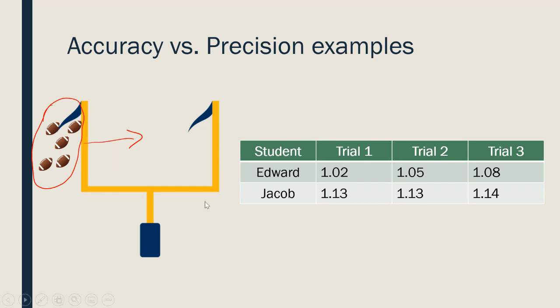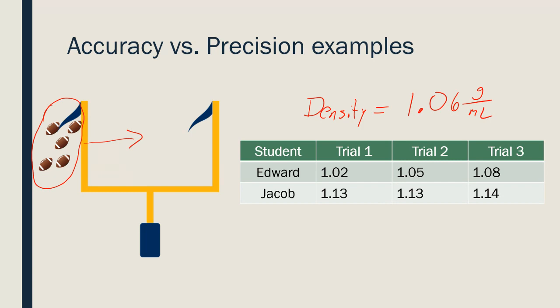Another way to look at this is if I gave some data and I tell you, let's say these two students were looking for the density of blood. So the density of blood is officially 1.06 grams per milliliter. So, of these two, who was more accurate, who was more precise?